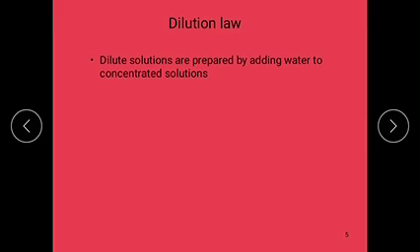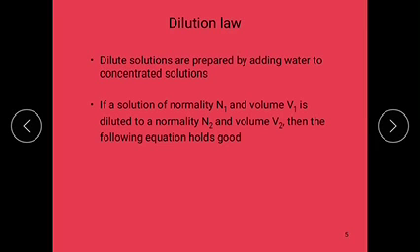If a concentrated solution is mixed with water, the concentrated solution becomes a dilute solution.